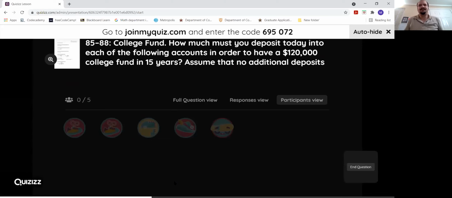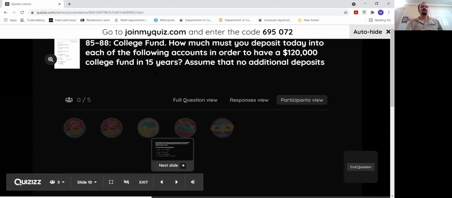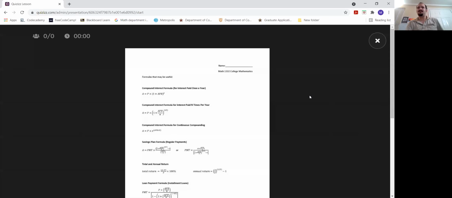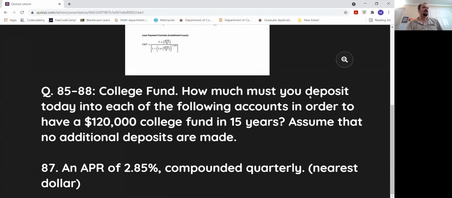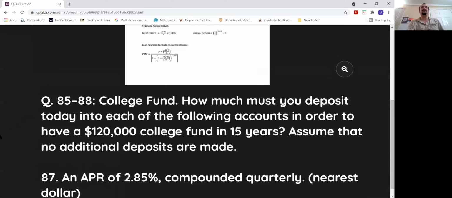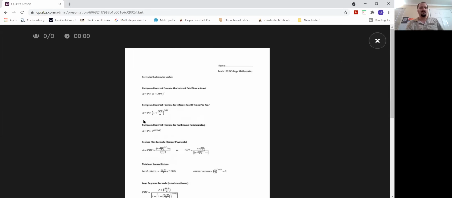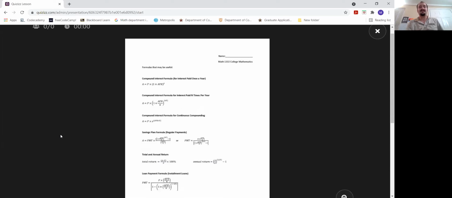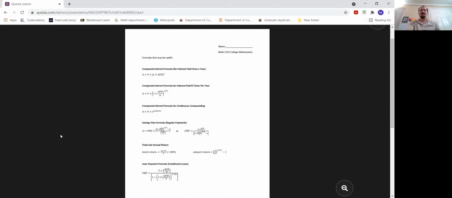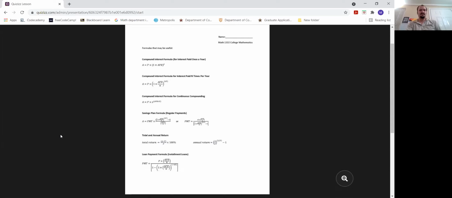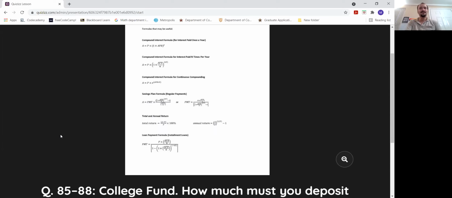Yeah, and if I'm being completely honest, this is probably not my most favorite section. A lot of this stuff, there's a little bit of thinking, like, what formula do I have to use? But a lot of it is you put it in the formula and it's order of operations. Can you solve it and crunch numbers?